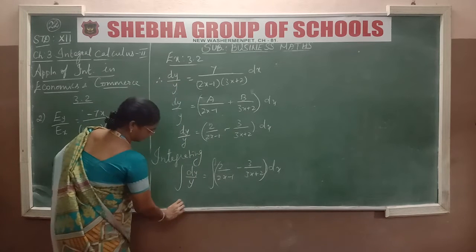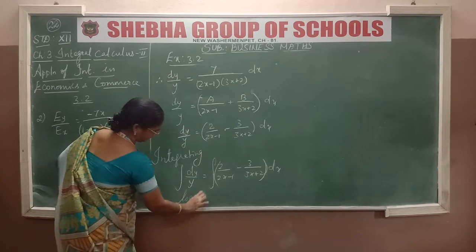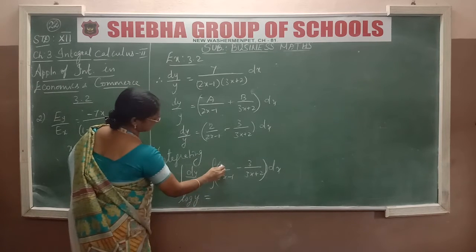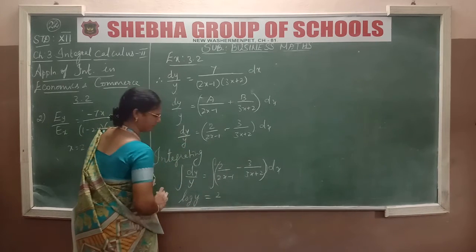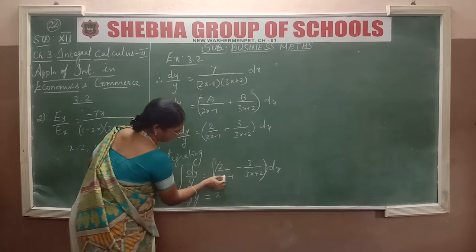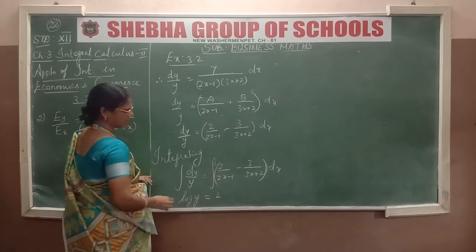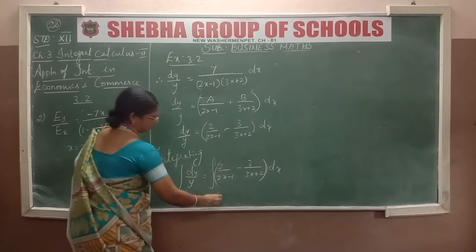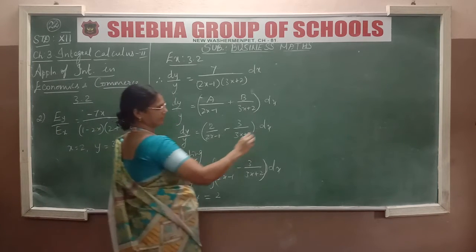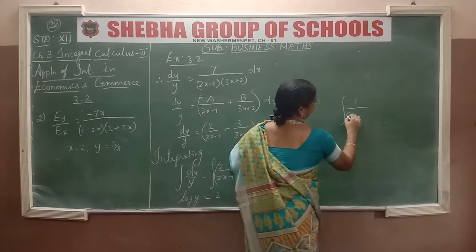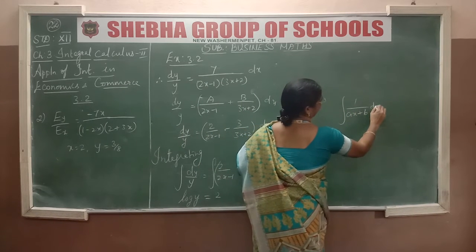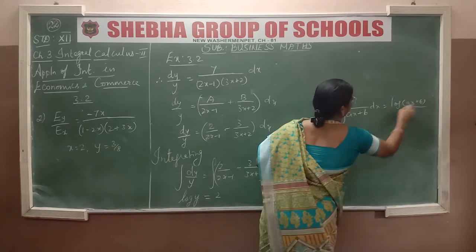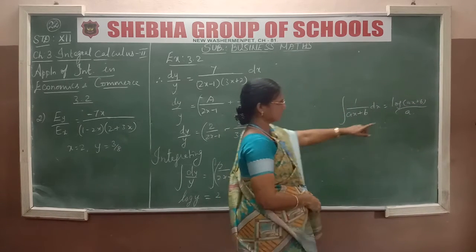And this is what? This is log y, isn't it? dy by y is log y equal to, and this is, take 2 outside, and this is also 1 by 2x minus 1. This is of log type only. 1 by x is log x, isn't it? So this is of the form integral 1 by ax plus b into dx equal to log of ax plus b by a, the coefficient of x.